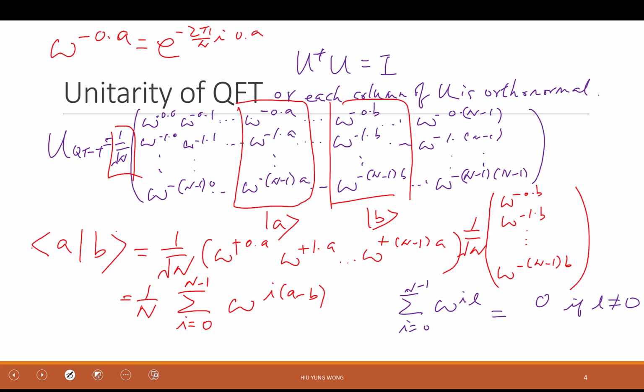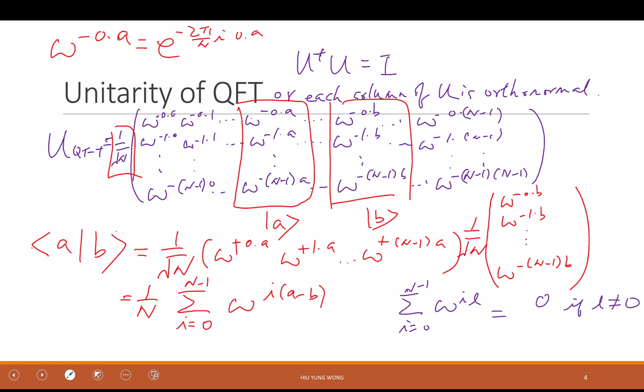Remember what is the summation of omega to the power i from 0 to n minus 1? It means you go through the whole circle. And if you also have this L as an integer, you still go through the whole circle. They all cancel each other.